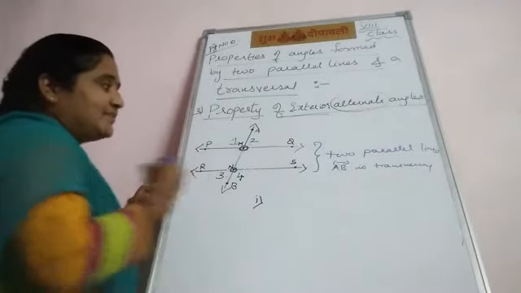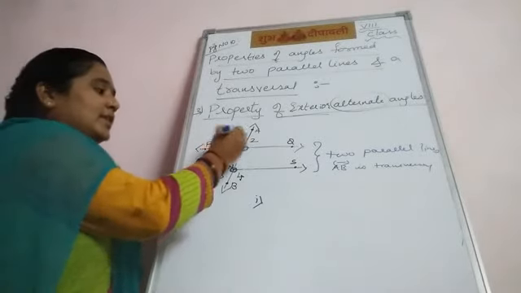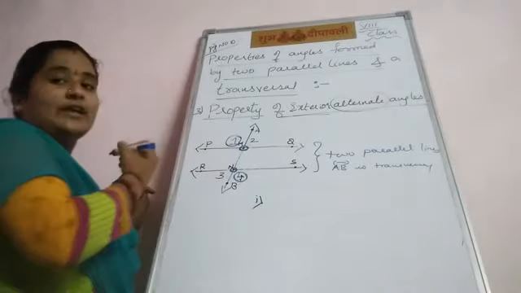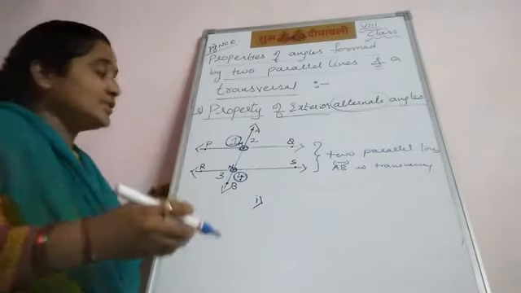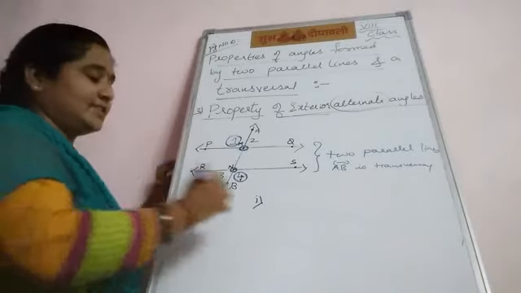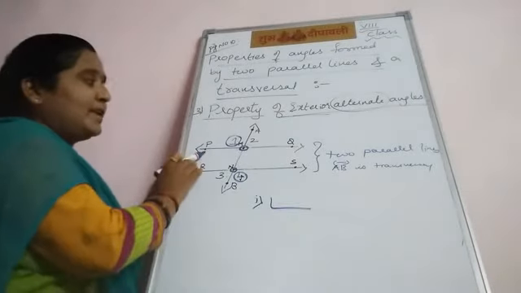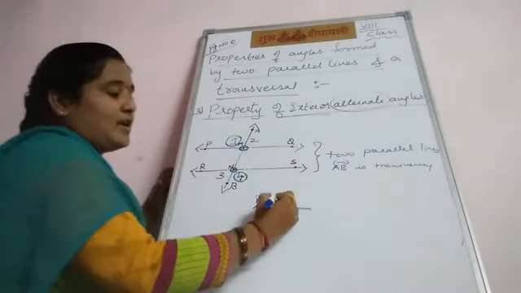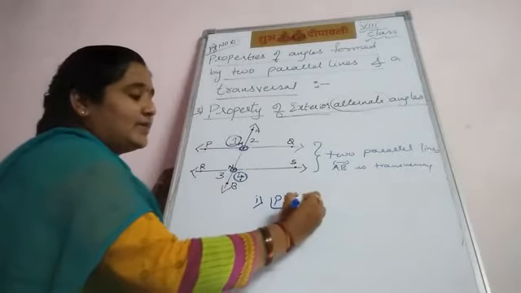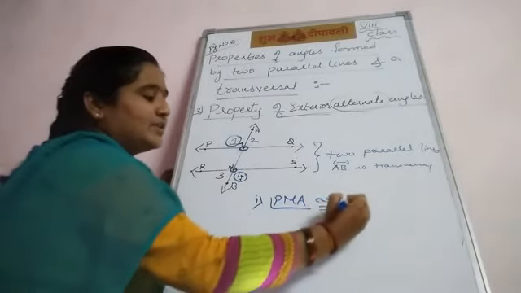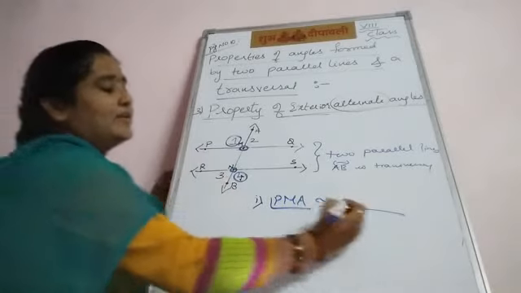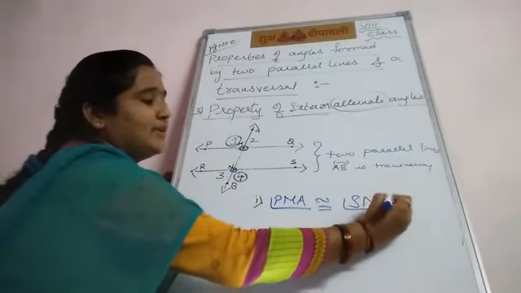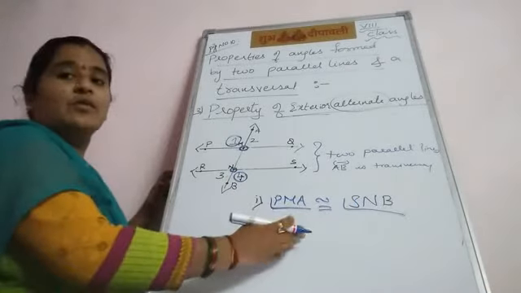First pair. For the angle 1, opposite angle is what? Angle 4. By using the three letters, angle PMA is congruent to angle SNB. These two angles are congruent.